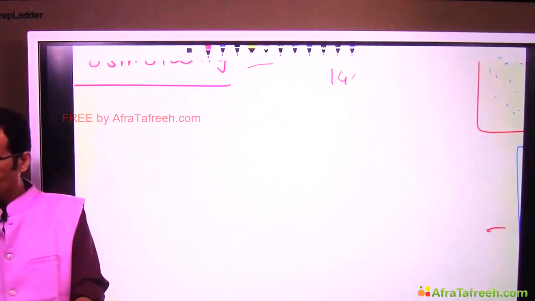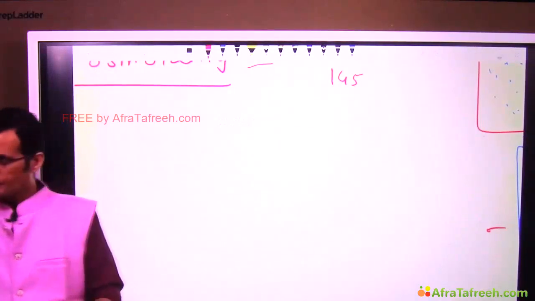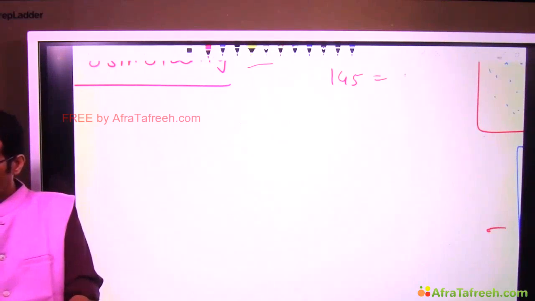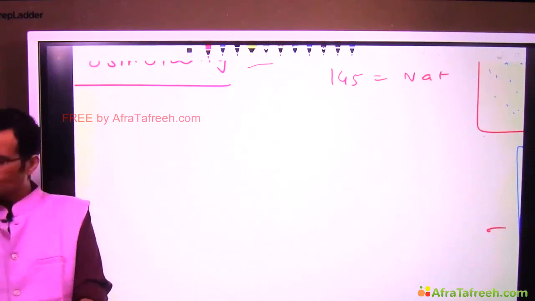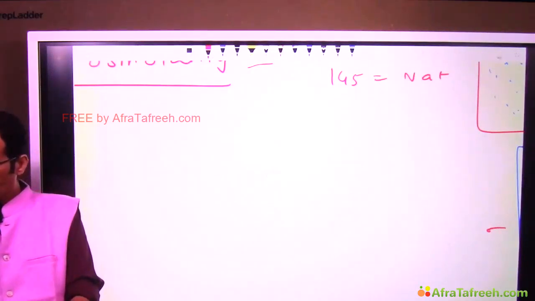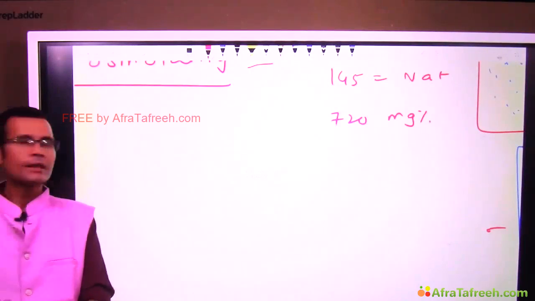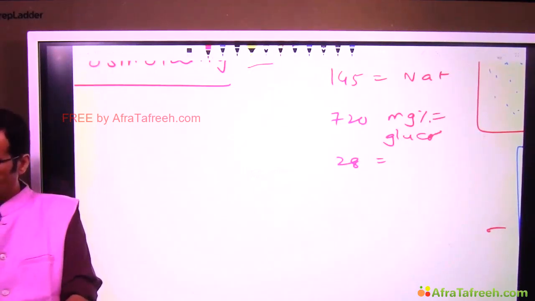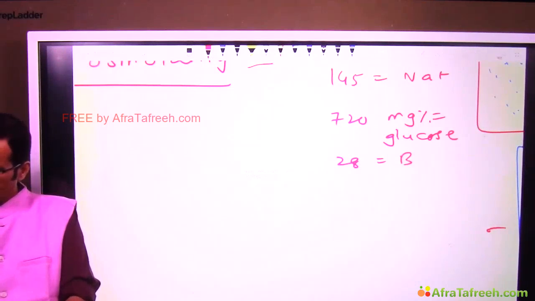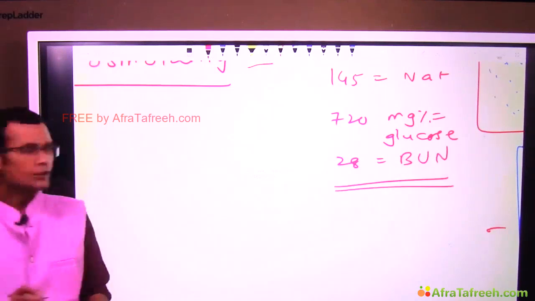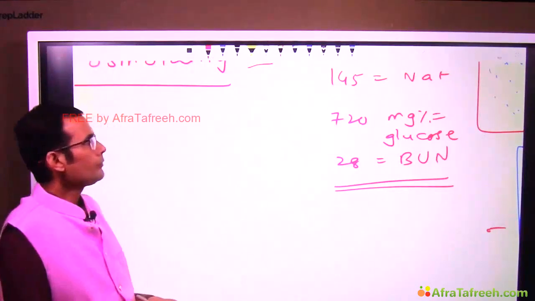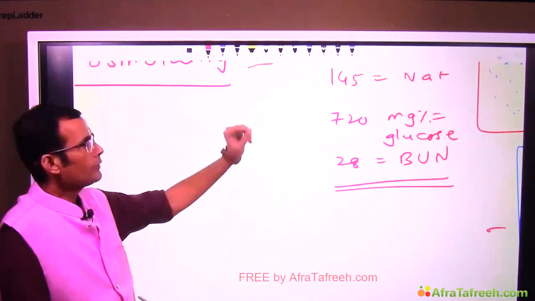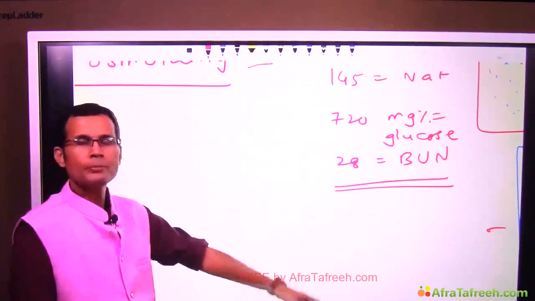Serum sodium was 145 milliequivalents per liter. Glucose is 720 milligram percent, and BUN is 28. So this data has been given: serum sodium, glucose levels, and BUN, blood urea nitrogen.